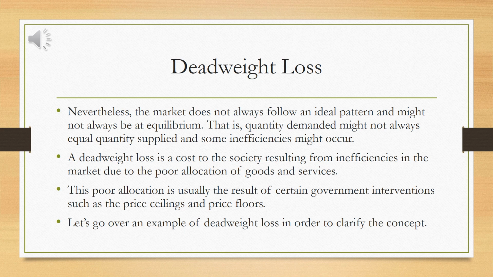A deadweight loss is a cost to the society resulting from inefficiencies in the market due to the poor allocation of goods and services. This poor allocation is usually the result of certain government interventions, such as the price ceilings and the price floors. Let's go over an example of a deadweight loss in order to clarify this concept.